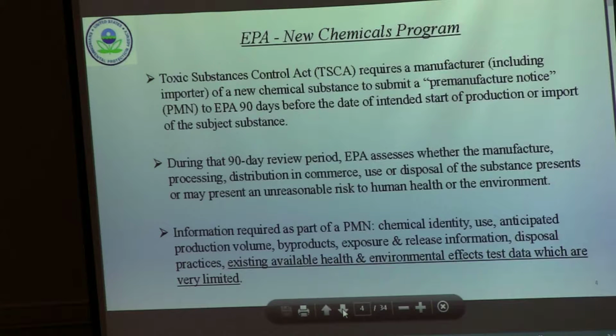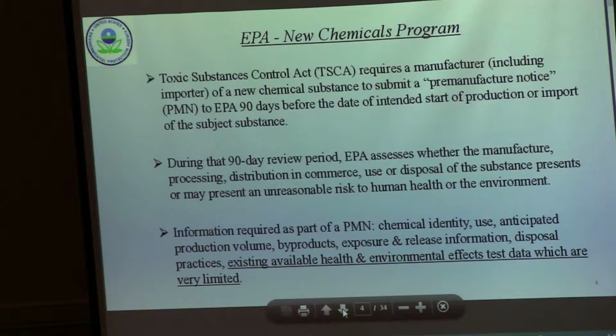During the 90 days, the EPA will review all the data submitted, which includes the chemical identity, the production volume they anticipate, the byproducts, and some exposure information. But unfortunately, EPA does not require them to submit toxicity data. So the toxicity data is very limited.